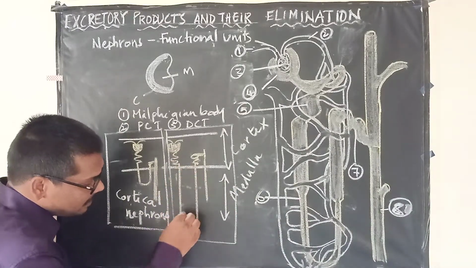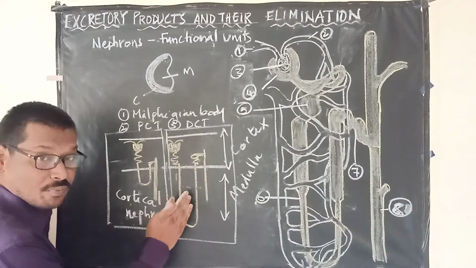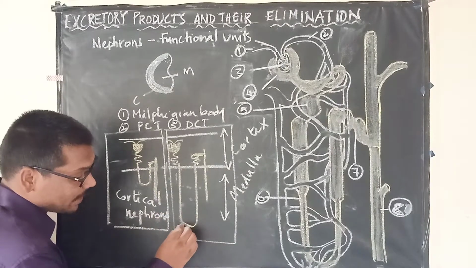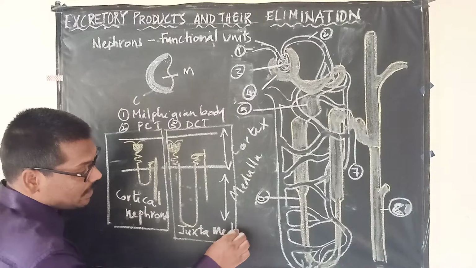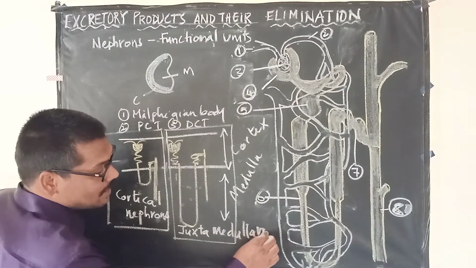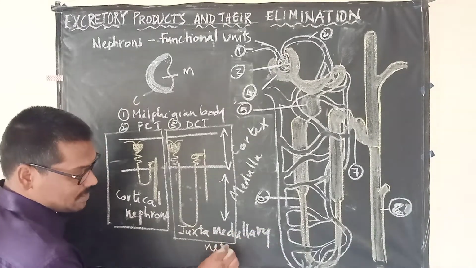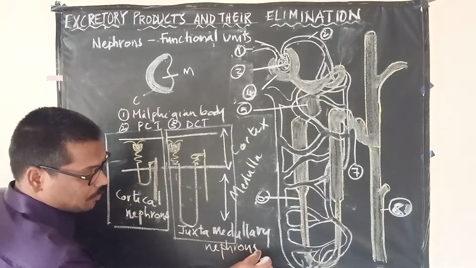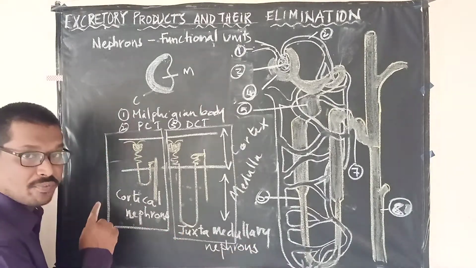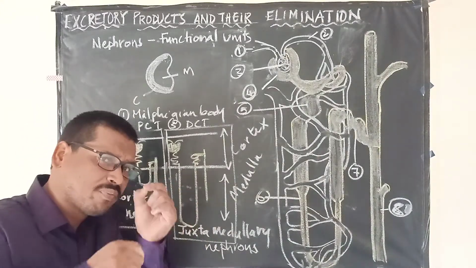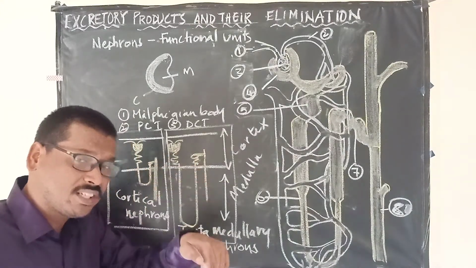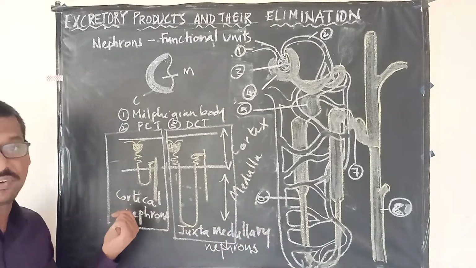So that's why such type of nephrons are called as juxtamedullary nephrons. Please remember these two different types of nephrons. In simple words, if a very little part of the Henle's loop is present in the medulla, they are called cortical nephrons.